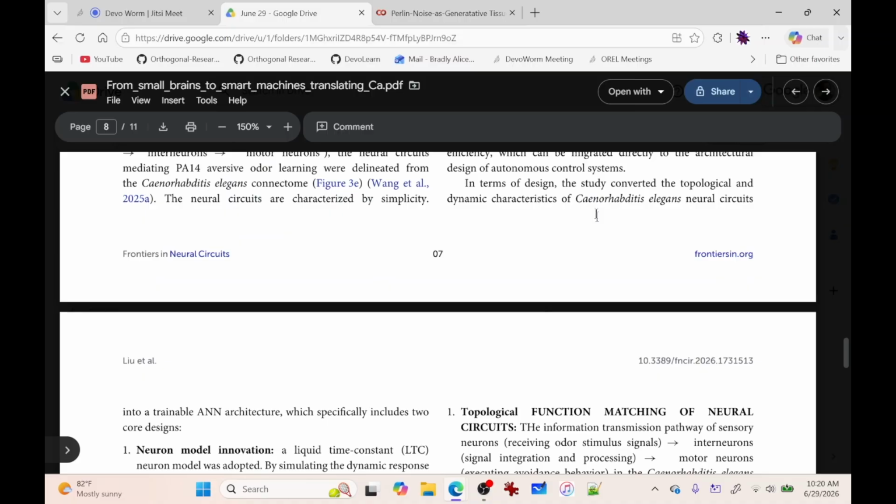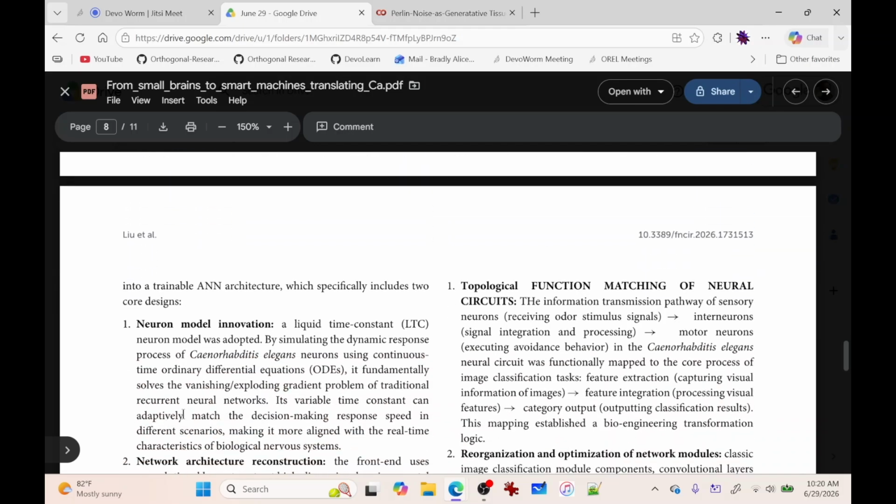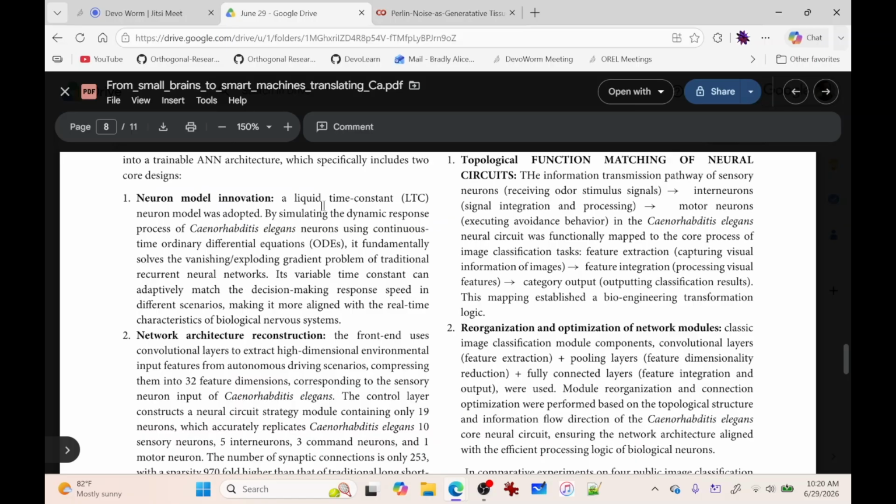Now, in terms of design, the study converted topological dynamic characteristics of C. elegans neural circuits into a trainable ANN architecture, which specifically includes two core designs. The design features are, one, neuron model innovation, where they used a liquid time constant neural model. Two is network architecture reconstruction.